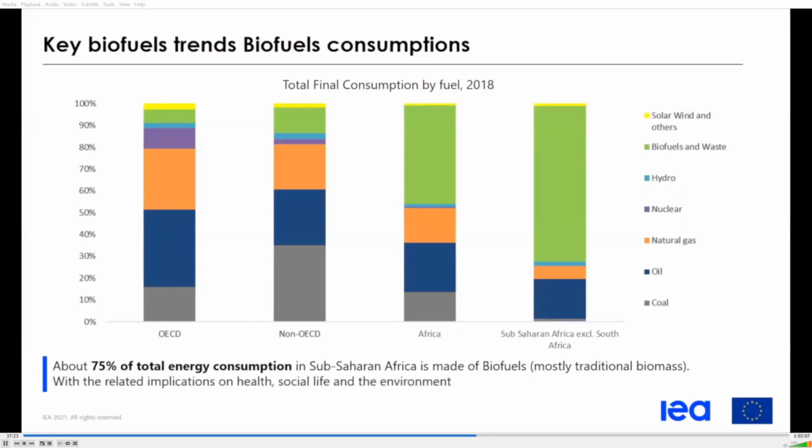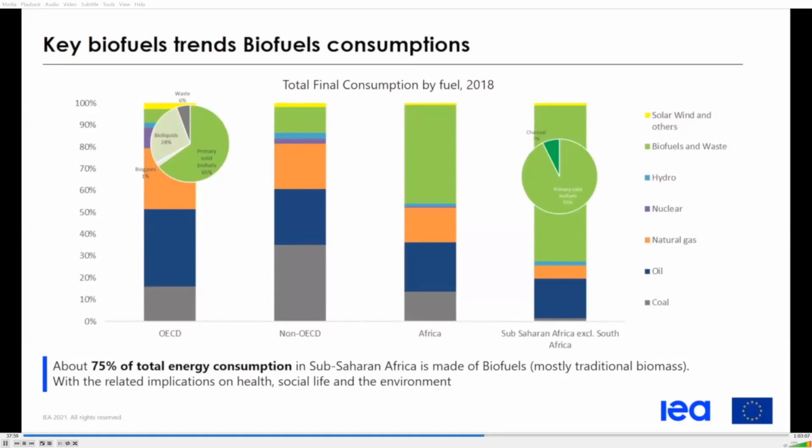This has implications on health, on social life, and also on the environment of those countries because of deforestation and maintenance of the area for the populations. And if we have a look, we can see that of those biofuels, a large part, 93%, is made of primary solid biofuel, and a lesser part, around 7%, of charcoal.